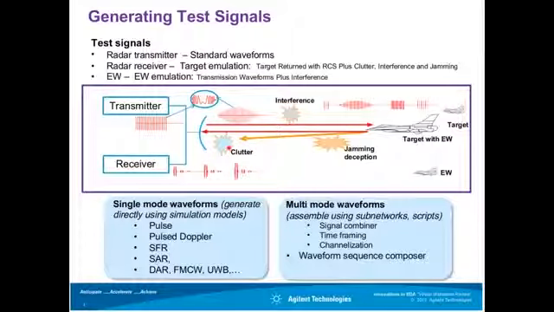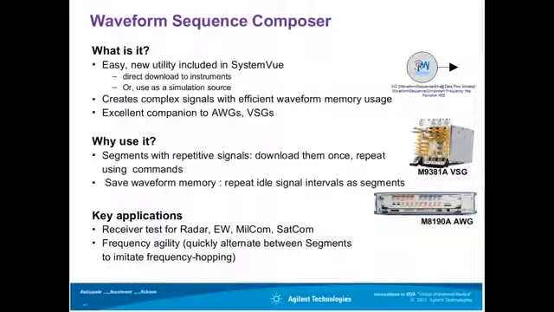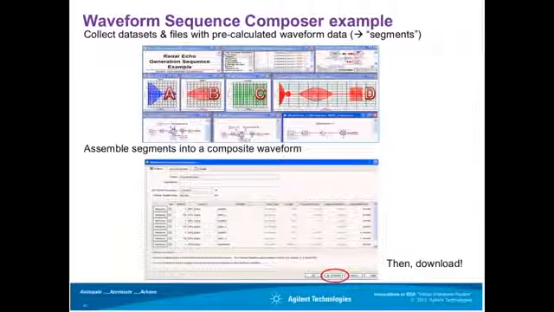Another thing is, for EW, you want to generate a complex waveform to test your EW. So how to do it? We have a waveform sequencer composer to do this type of EW complex signal generation. For example, you want three emitters in your signal and you want to do interference testing.